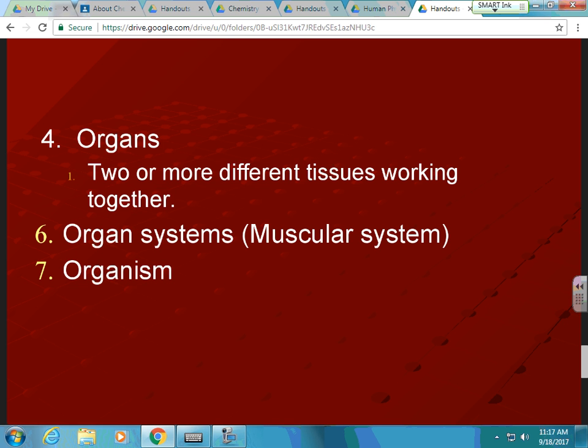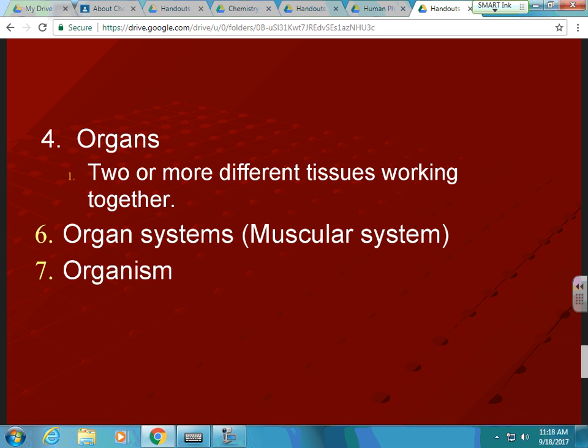And these are what we study throughout the year, chapter by chapter. We start off working through these levels of organization with chemistry in living things, which is actually chapter 2. And then from there we go to cells. And then we go to tissues.